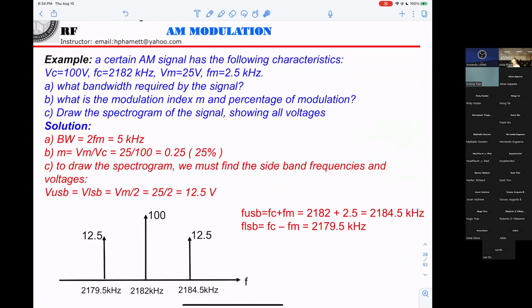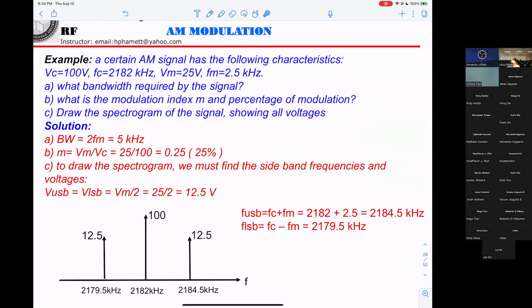Make sure you go through the example. If you can do it until you don't have to see the solutions, that means you're able to understand.